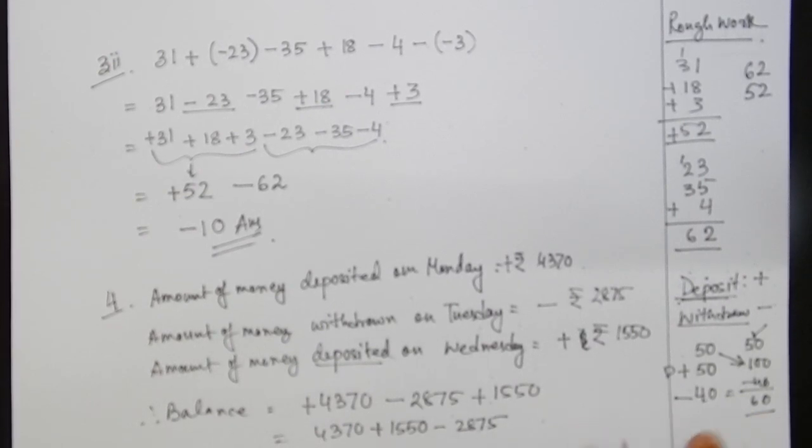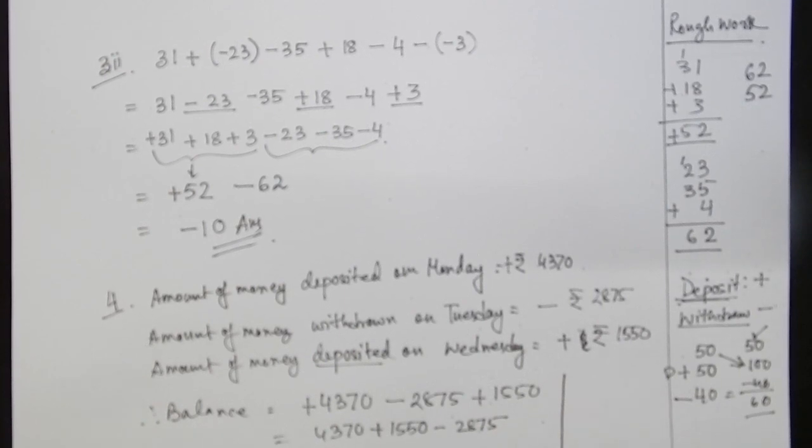I don't have place over here, so I'm doing it here. 4,370 plus 1,550. 2, carry 1, 8 and 1, 9 and 5. It's 5,920 minus 2,875. So the answer is 3,045.